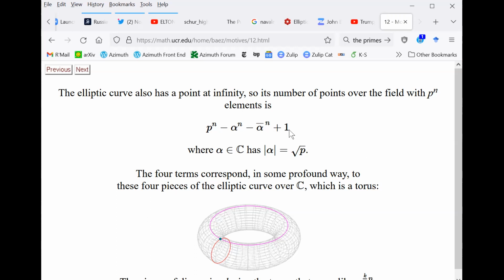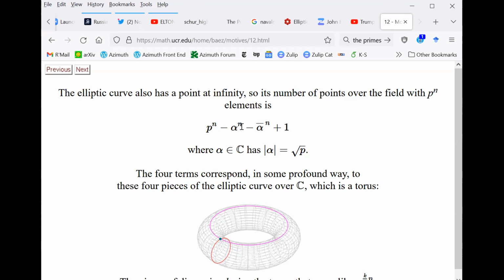And it turns out that alpha, together with the fact that alpha has to have length equal to the square root of 2, so it lies on that circle. And then when n equals 1, this junk here is basically, without the minus signs, twice the real part of alpha.